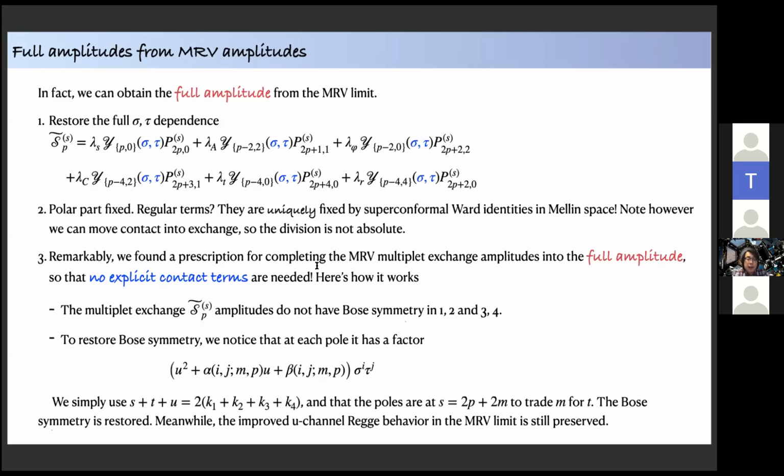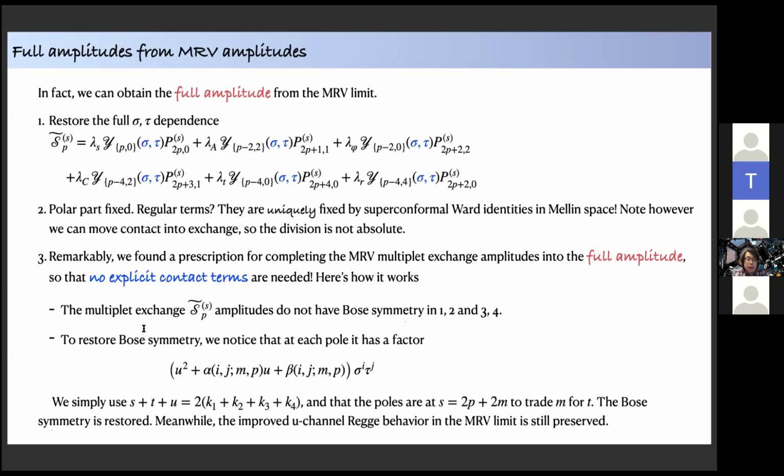The way we arrive at this prescription is basically to restore Bose symmetry. So we notice that in step 1, when we do it like this, we actually have lost Bose symmetry. So if we interchange particle 1 and 2, we don't get back to the same answer.